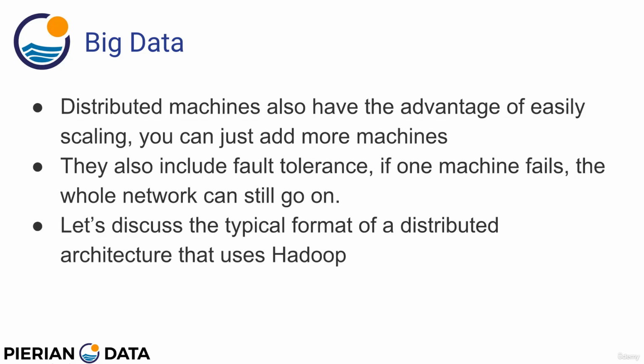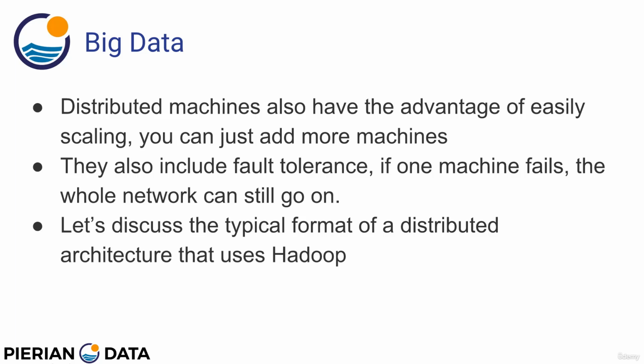Distributed machines also have the advantage of easily scaling. You can just easily add more machines. Versus a single local machine, it's much harder to upgrade the CPU, and you're going to reach a certain limit. Distributed machines can also include something known as fault tolerance, which basically means if one machine fails, the whole network can still go on. Versus a local machine, if that goes down, your entire work goes down.